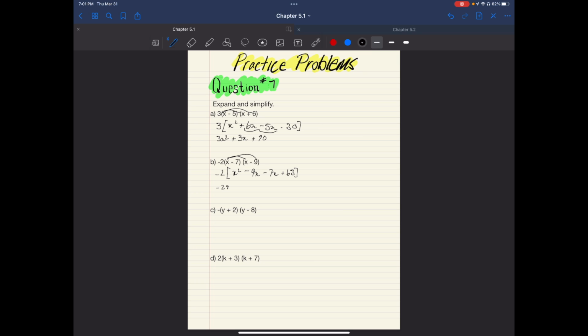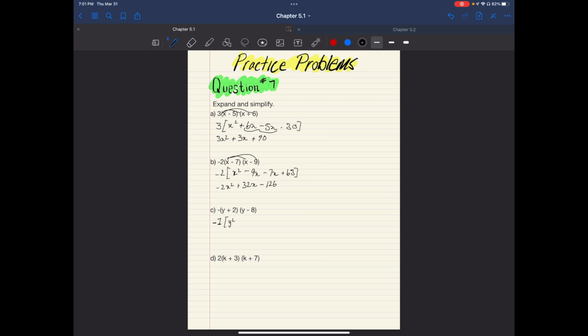Now, we're going to simplify and add in the negative 2. So we get negative 2x squared. Negative 9 and negative 7 become negative 16 times negative 2 becomes plus 32x. And then negative 2 times 63 becomes negative 126. Moving on, don't forget this negative. When I do this, I like to write negative 1 outside the brackets.